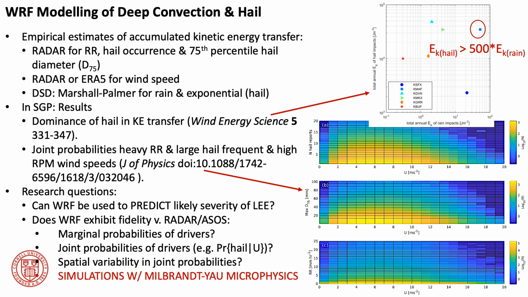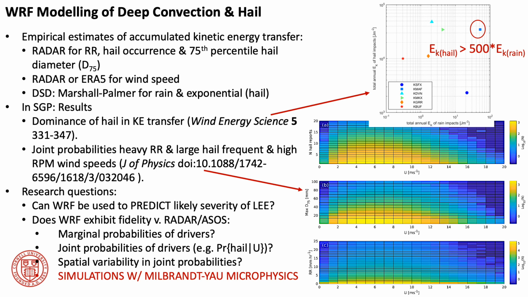And of course, in addressing that question, we need to examine, does WRF exhibit fidelity versus radar or ASOS observations in terms of the marginal probabilities of the drivers of leading edge erosion, so specifically occurrence of hail, hail diameter, wind speed, and rainfall rate, and also, of course, the joint probabilities of these drivers, so the probability of hail occurring at a given wind speed and therefore rotational speed for turbines. And equally, can WRF capture the spatial variability in those joint probabilities?